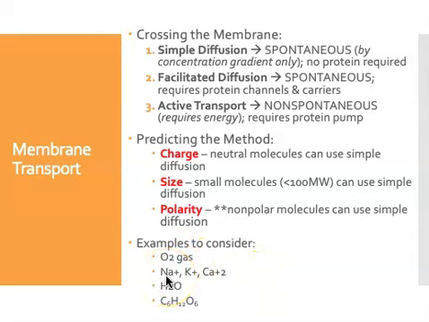Sodium has a molecular weight of 23, potassium 39, calcium 40. So relatively small, falling underneath our 100 limit. So far so good. But when it comes to charge, all three of these fail because they're all carrying a positive charge.